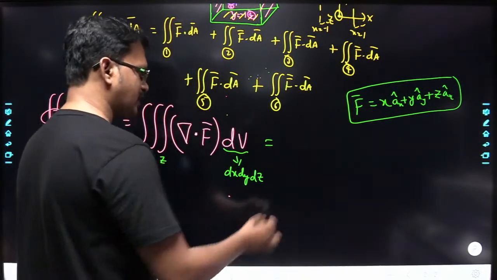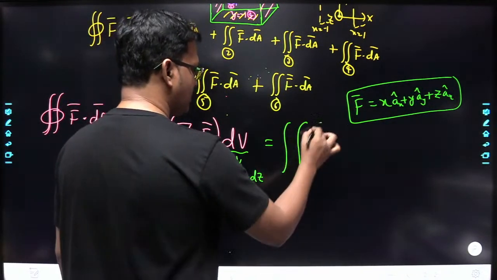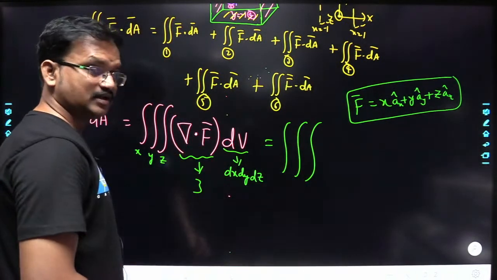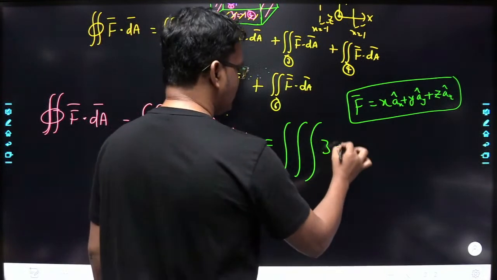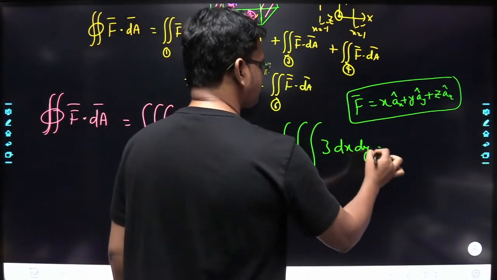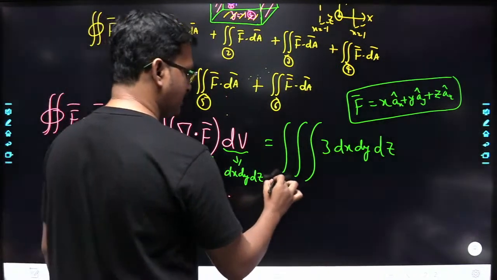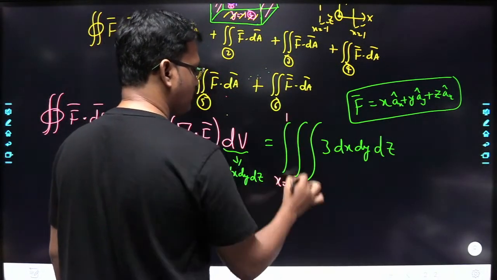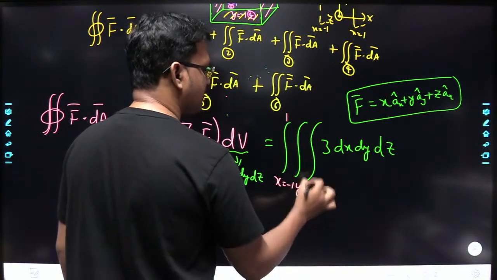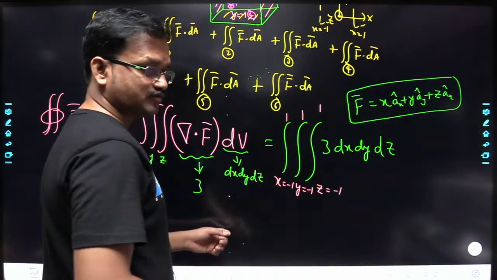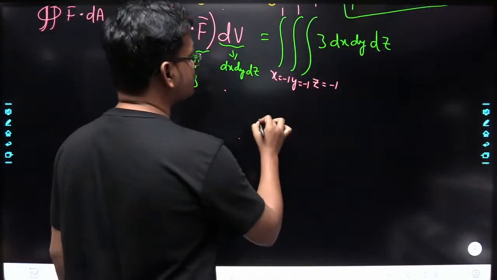So I can directly write the triple integral of the divergence of F bar as 3 into dx dy dz. Now x is varying from -1 to +1, y is varying from -1 to +1, and z is also varying from -1 to +1.